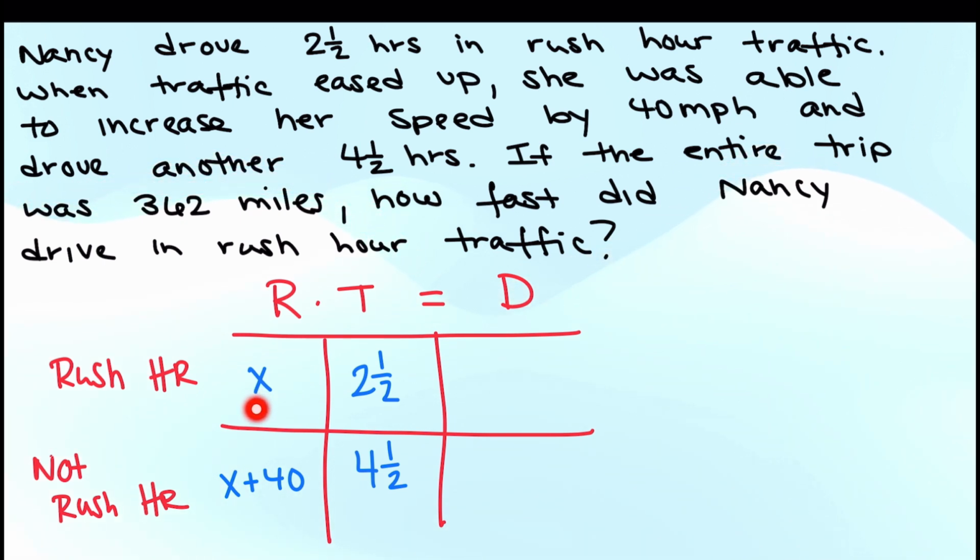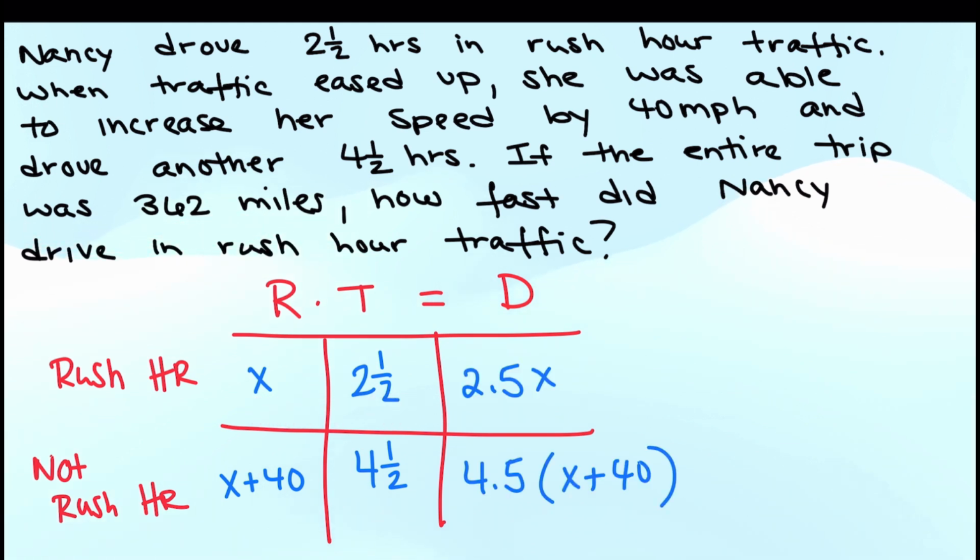So if you're traveling x miles per hour for 2.5 hours, we can say that the distance traveled is 2.5 times x. I'm going to convert that into a decimal. I think that might make the equation a little bit easier. 2.5 is 2.5. So distance traveled during rush hour is 2.5 times x.